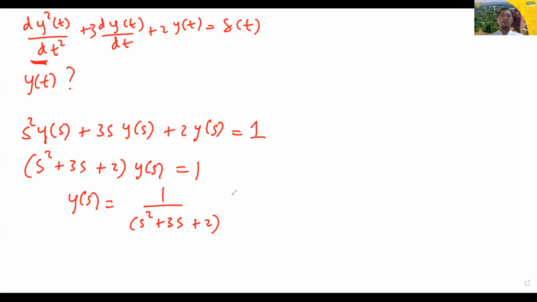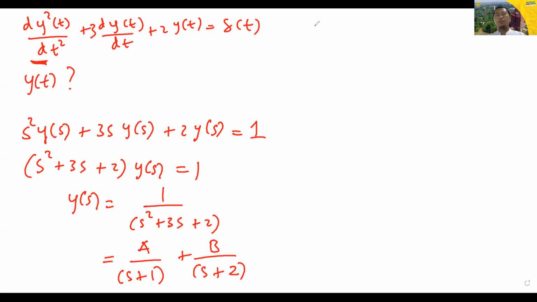And then you can solve using partial fractions, right? A over (s plus 1) plus B over (s plus 2), and the factors are s plus 1 and s plus 2, right? Any complaints, any questions?